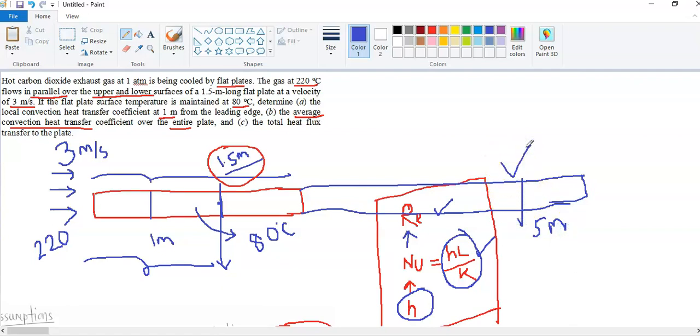So what will happen if you have a problem where the flow is both laminar and turbulent? That means if you see the mixed boundary layer there, what will happen? Try to find some questions like that and practice them. So that's all.